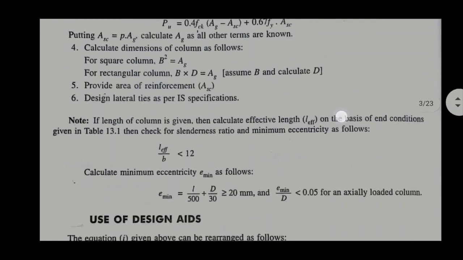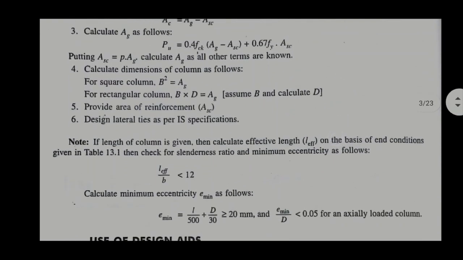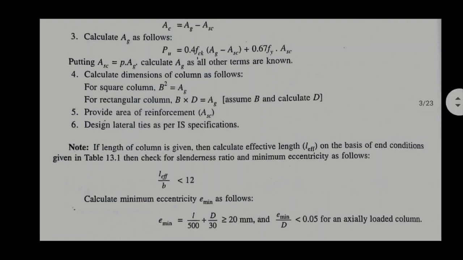Now note that if length of column is given, then we have to calculate effective length on the basis of end condition or support condition, which is given in table number 28 of IS 456 2000.